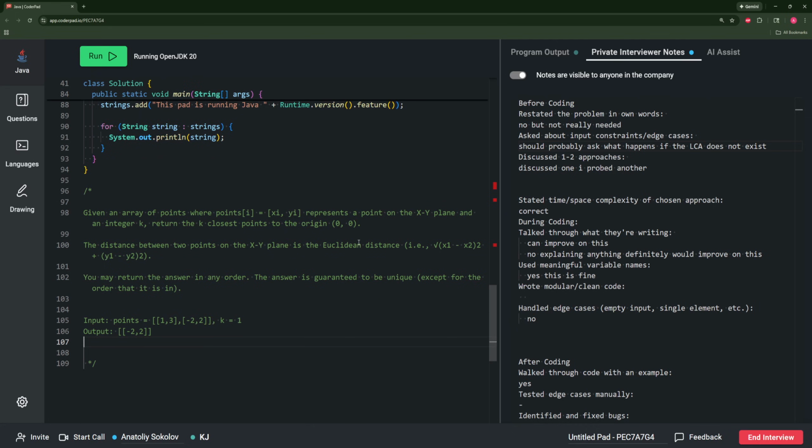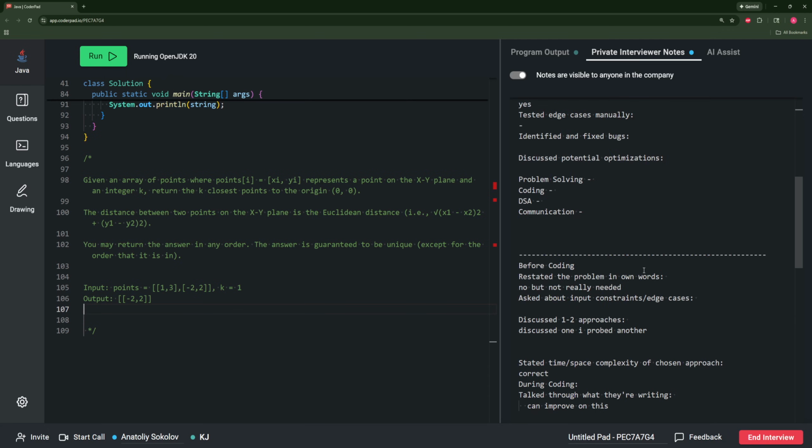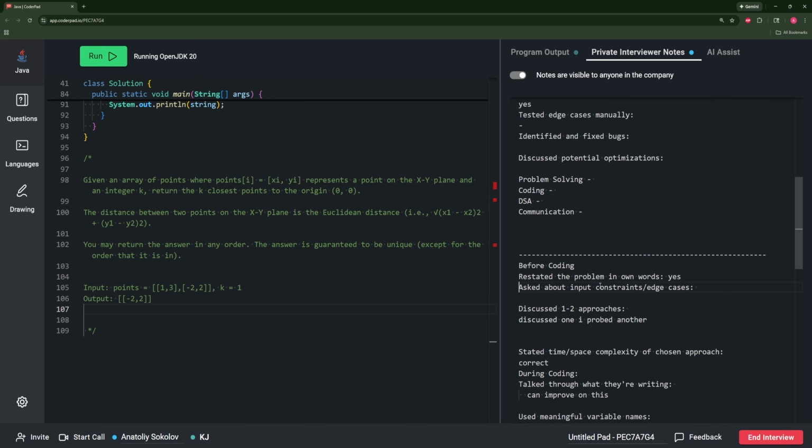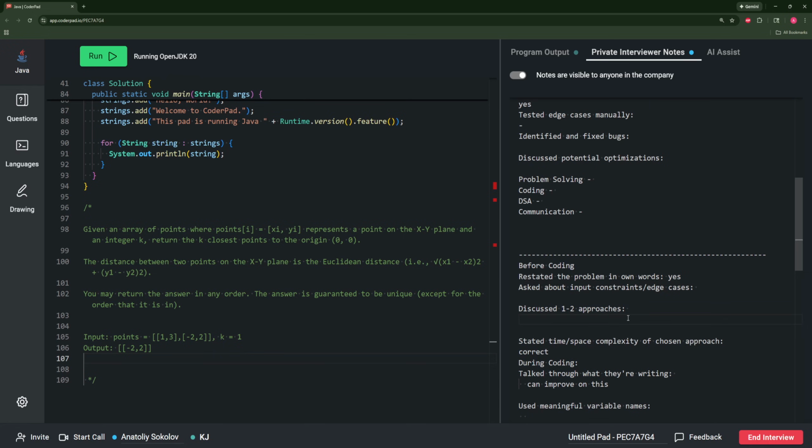So essentially, I'm given a set of points and I need to find the k closest points to the origin, right? I may return the answer in any order. The answer is guaranteed to be unique except for the order, that is it. Okay.